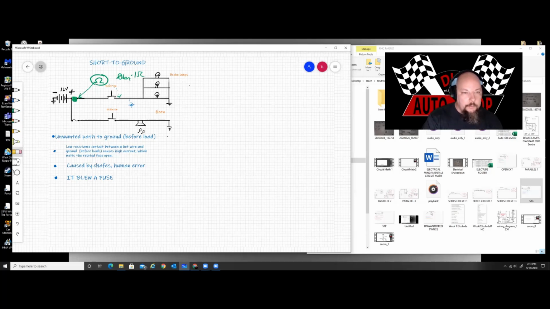Now, let me clean this up a little bit so it's easier on your eyes. Get rid of this too while I'm at it. So I know that it's somewhere on this side of the switch, okay? I'm definitely positive of this. So what I'm going to go over here and do, again, I understand this is a short to ground and that the lights did not light up and it melted a fuse open.